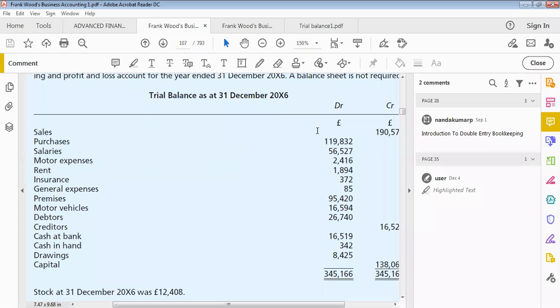You write balance sheet as at December 2006.